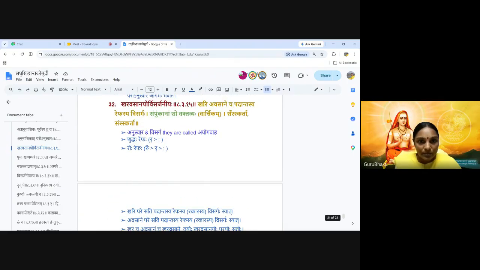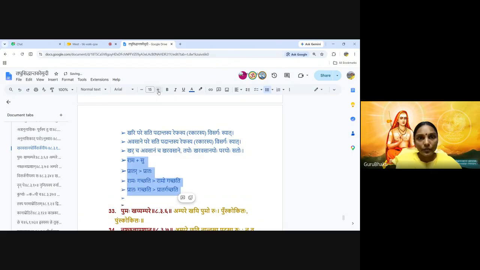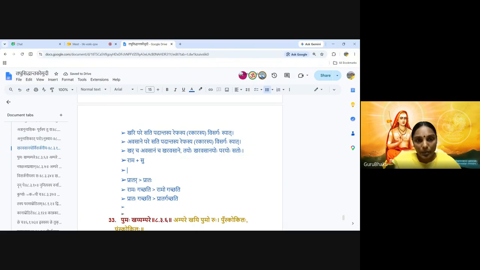So example, Rama is the shabda. If we want to make Prathama Vibhakti Ekavachanam of Rama, then the pratyaya is Su. This Su is also anunasika ukara.